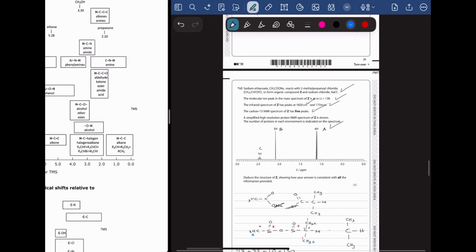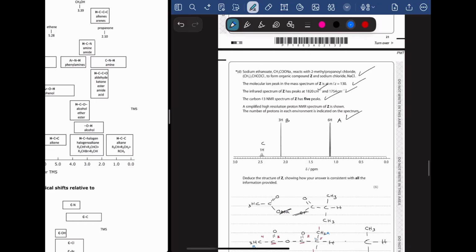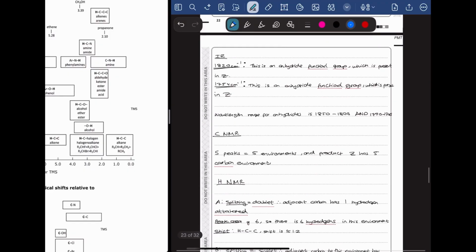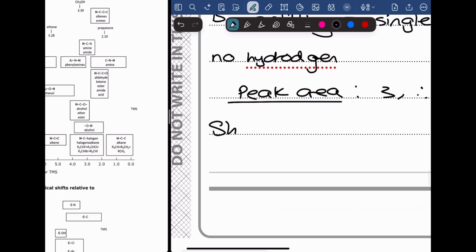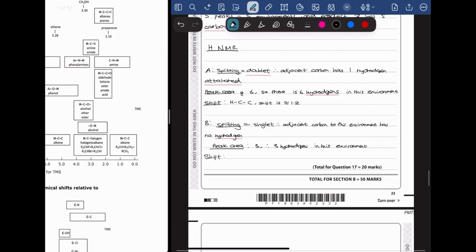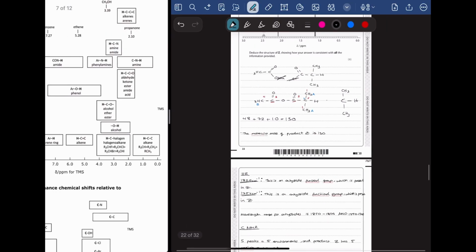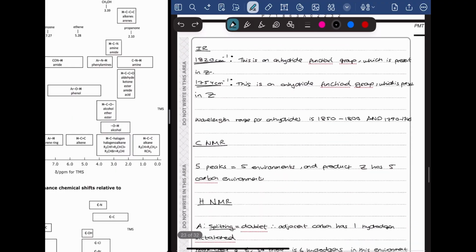Now all we need to do is the shift. So the shift is around, what, 2.1 again? 2.1, yeah, 2.1 to 2.2, something like that. It doesn't have to be exact, to be honest. And because it's 2.1, we can clearly see that it's attached to a C double bond O. So this is attached to a C double bond O, and then also the 3 hydrogens.